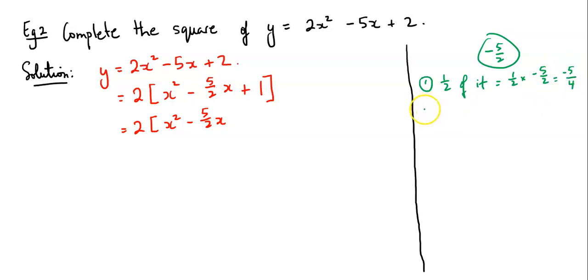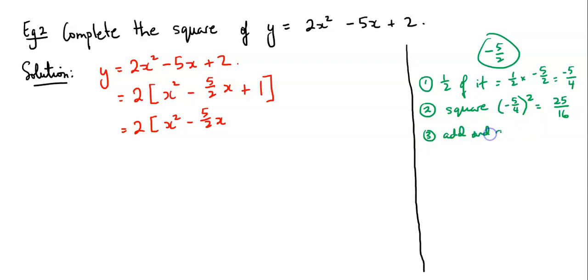The second thing we're going to do is square. So we have minus 5 over 4 squared, and a negative sign squared will be positive. 5 squared is 25, 4 squared is 16. The third thing we're going to do is add and subtract.